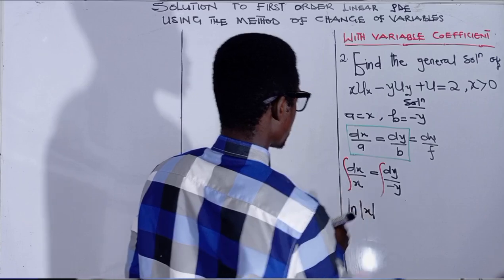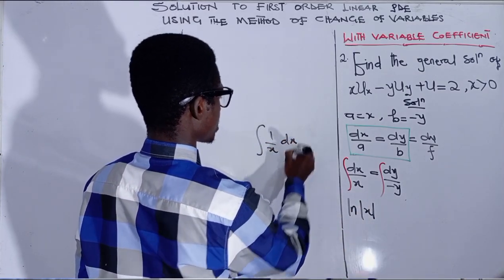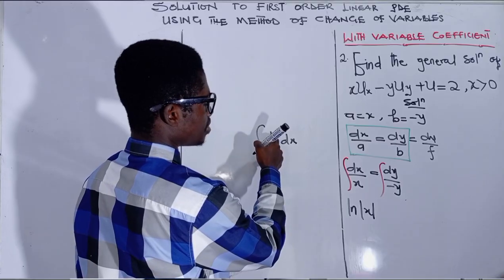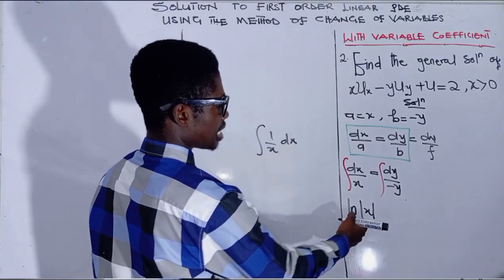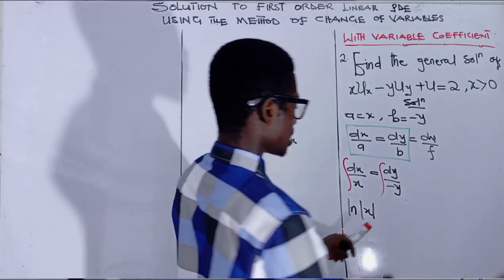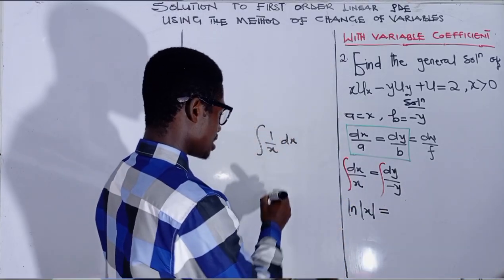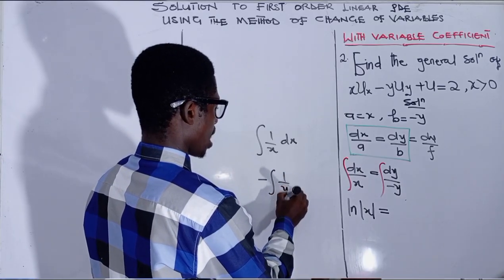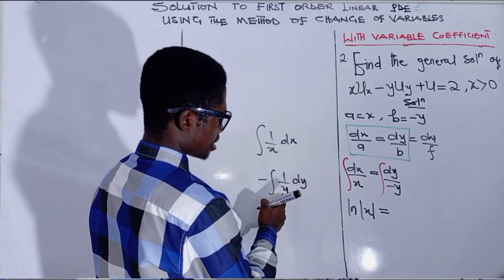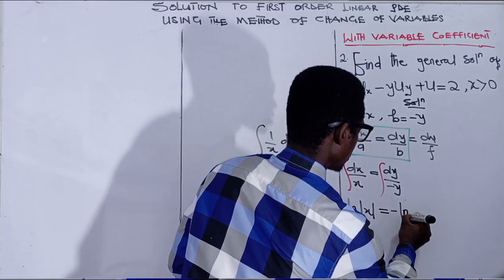X. Because we can write this as the integral of 1 over x dx, a function and the derivative, and whenever we take the integral of a function and the derivative, it gives us what? Ln of that function. So we have ln x, and then we have, when we integrate dy all over negative y, we can factor the negative out, and we'll be left with 1 over y dy. The same thing, a function and a derivative, and it gives us ln of that function.